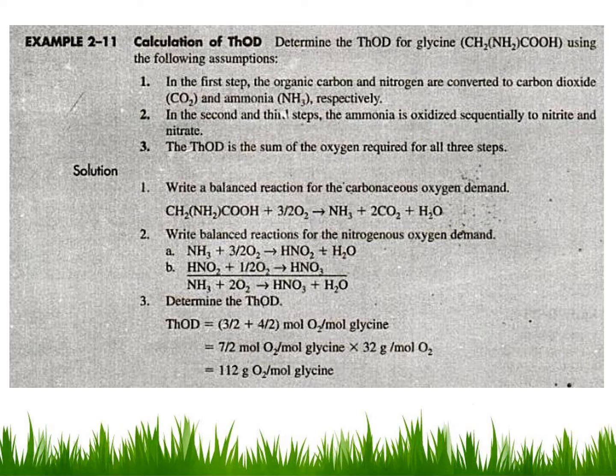What is theoretical oxygen demand? It is the calculation of oxygen demand by using the formula. If we have a balanced equation, we can easily find out how much oxygen will be consumed by the microorganisms.